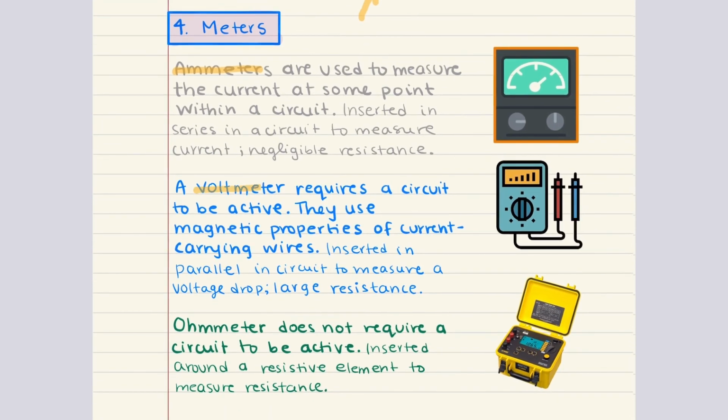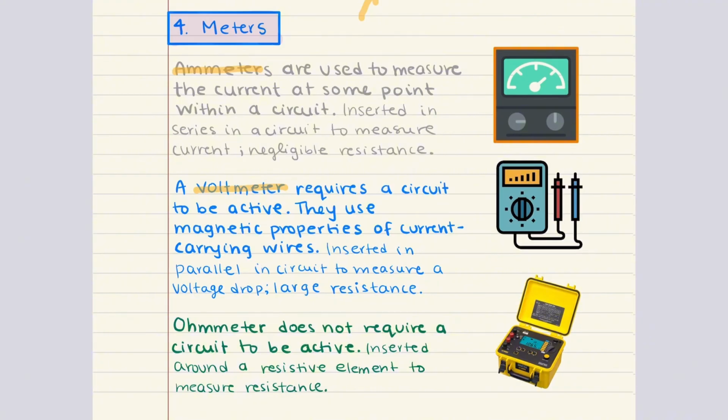Now, what about voltmeters? They measure voltage, and they're used to measure the voltage drop between 2 points in a circuit. Voltmeters also require an active circuit to function, as voltage is only meaningful when current is flowing. Voltmeters are connected in parallel across the points where the voltage is being measured.